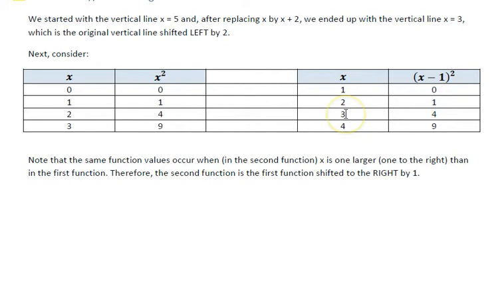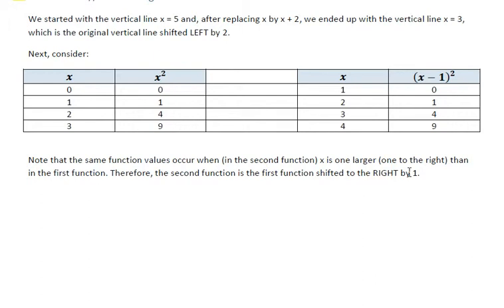So we see here that the same values occur, but look where they occur. Note that the same function values occur when, in the second function, x is 1 larger, or 1 to the right, than in the first function. Therefore, the second function is the first function shifted to the right by 1.